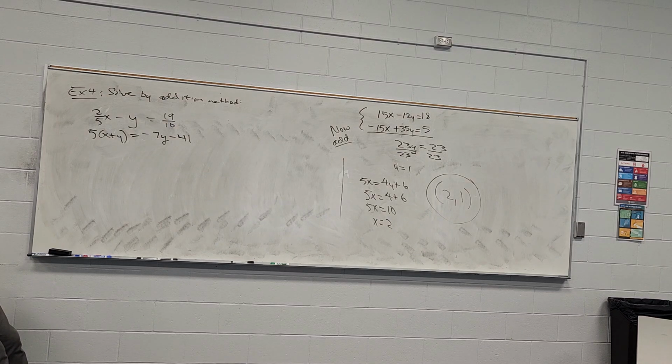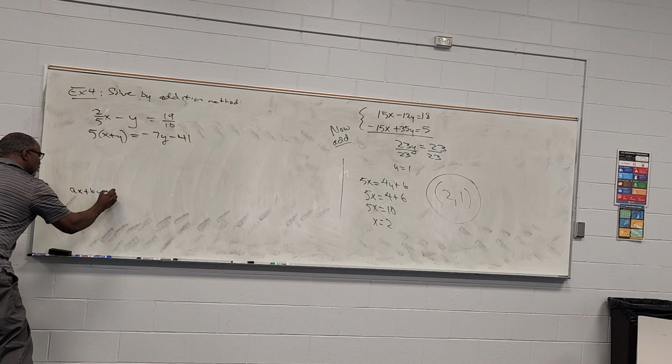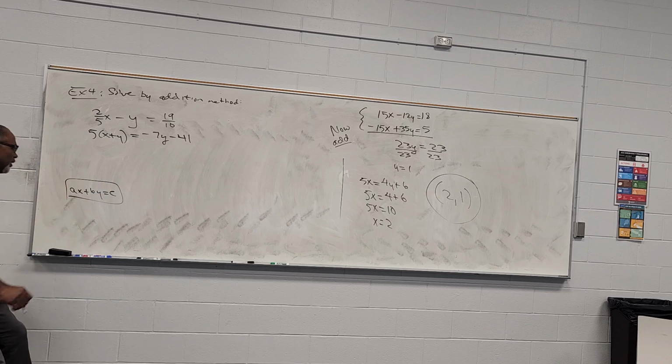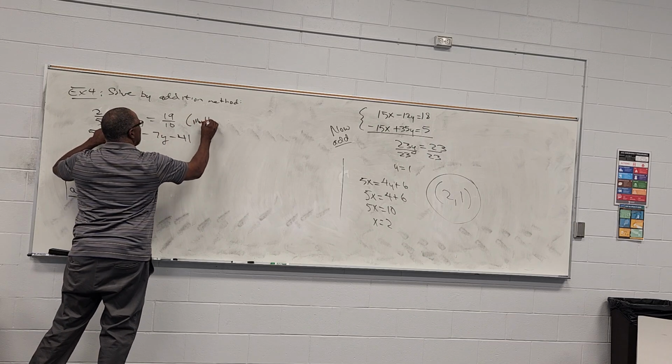Well, the first thing is to clean them up, get rid of the fractions, get rid of the parentheses, write them in the form ax plus by equals c. We want them all in that form, okay? So to get rid of fractions, I'm going to multiply this thing by 10.